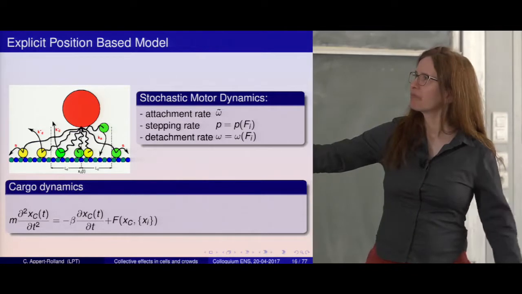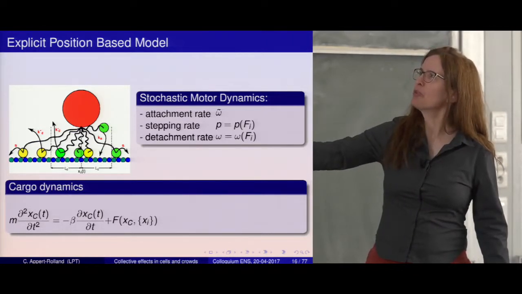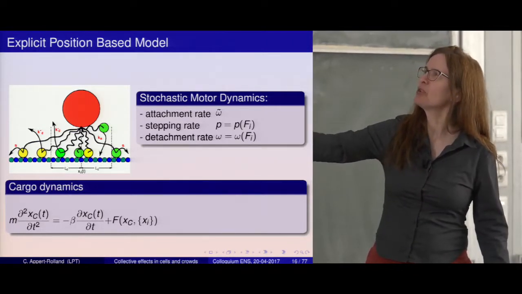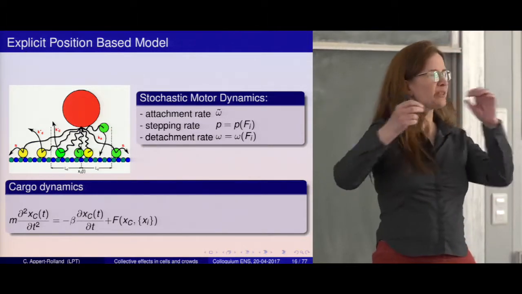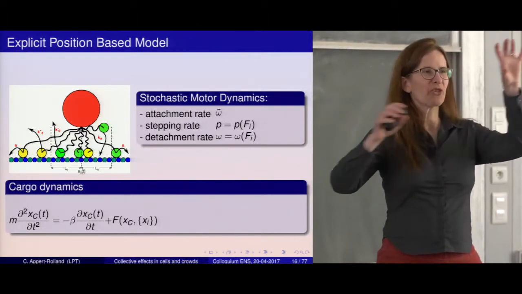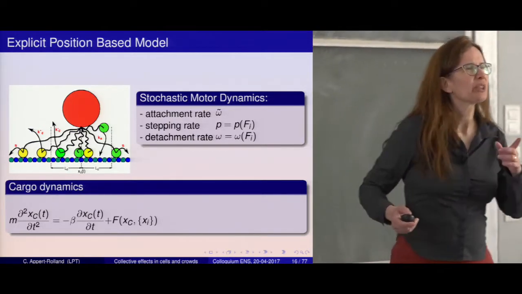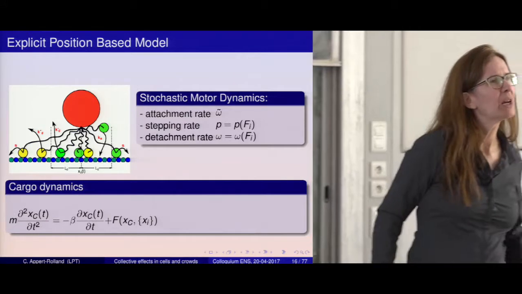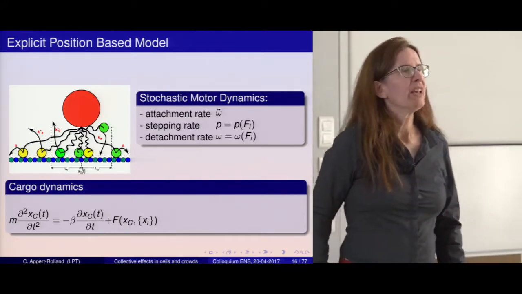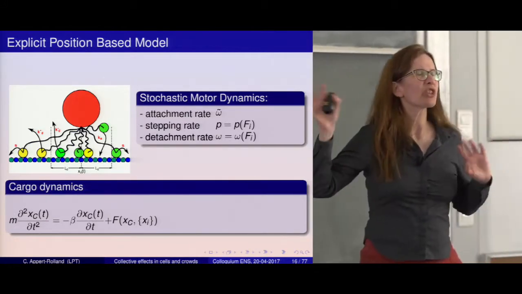Now each time the cargo moves, it changes this individual force because it's just a spring. So when the cargo moves, it changes the relative position between cargo and motors. You had a question? If the motors can cross on the microtubule? Yes, actually, we checked both.